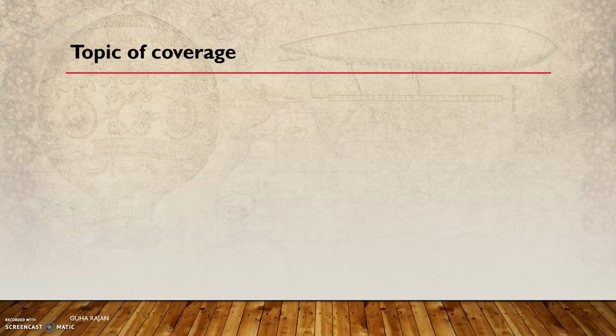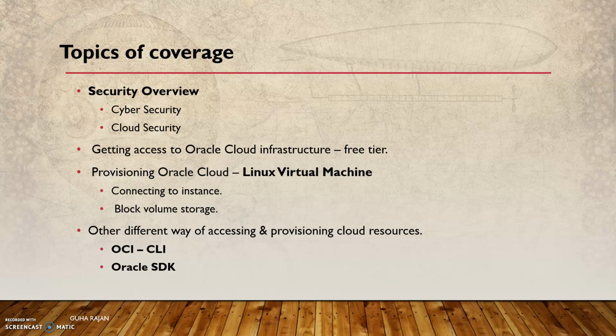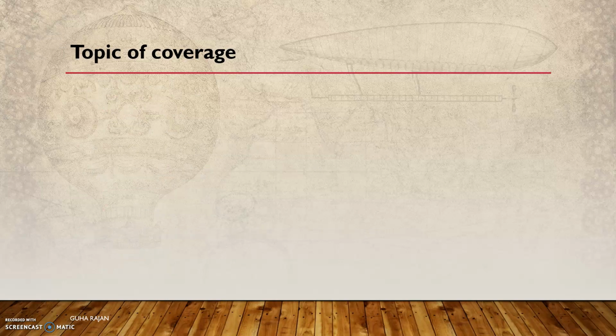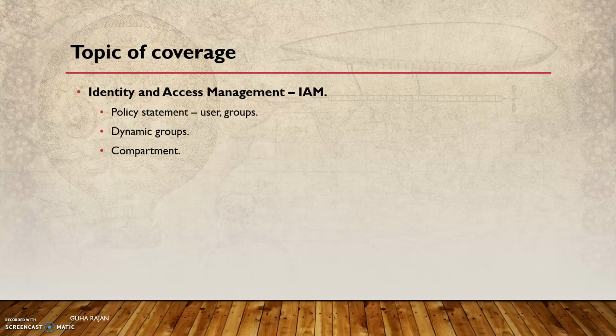These are all more related to operation activities. Day to day you'll be doing that, so you need to have an understanding of it. And then comes the very important topic, identity and access management. The cloud infrastructure is not just for 1 or 2 users. You can have hundreds of users.